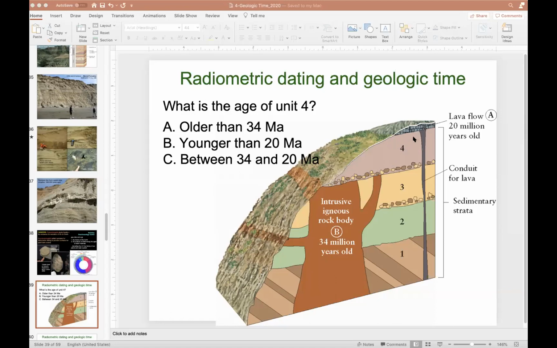Good. Okay, so this is a volcanic unit. It was actually erupted onto Earth's surface, so that's a lava flow. But this one here, B, is intrusive, which means it's a plutonic type igneous rock, meaning I think it comes from the god Pluto, which is the underworld.